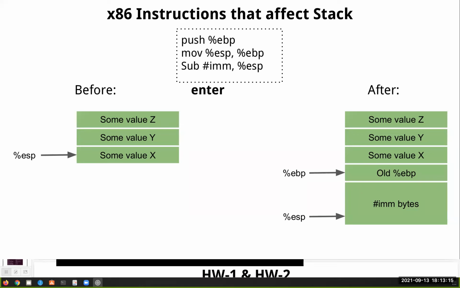Let's say the beginning is like this. After enter, first the old EBP is stored here. Then the new EBP points to the old EBP. Then the ESP points to here. So here is the top of the stack. And this part is kind of like the scratch memory for this function. And they can reference everything here using EBP.